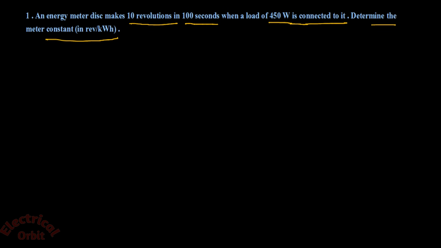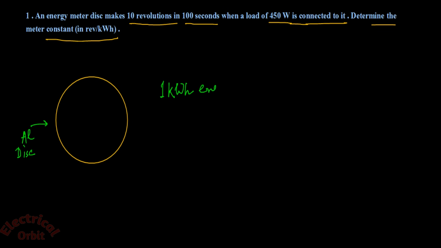Now what is revolution per kilowatt hour? If this is the aluminum disc of the energy meter, then for recording 1 kilowatt hour energy, how many revolutions is it making? Suppose it makes 200 revolutions for recording 1 kilowatt hour energy.